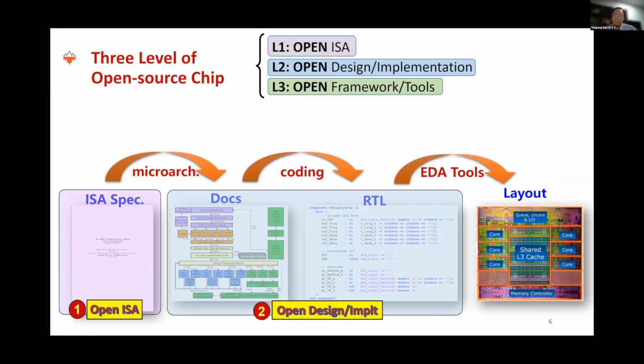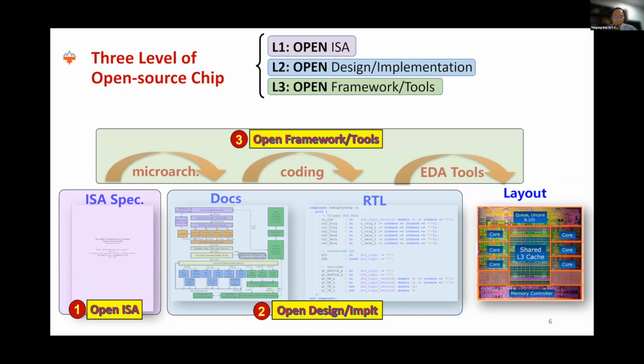For level 3, whether the framework or the design tools are free or closed. If a project can achieve level 3, it should open the framework, the tools, and such infrastructures. This is the 3 levels of open source chip.